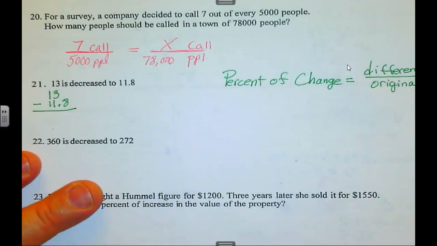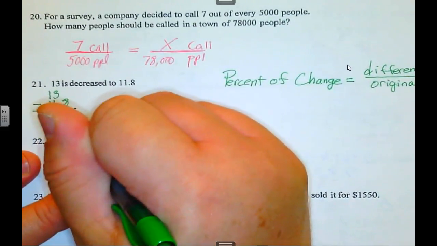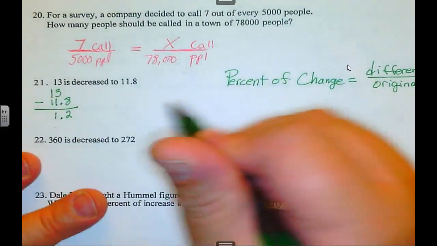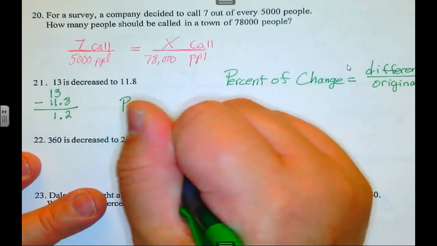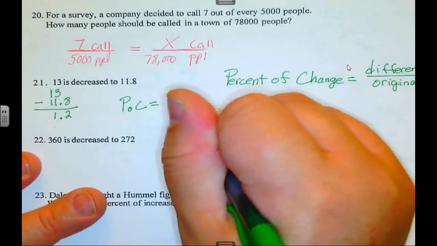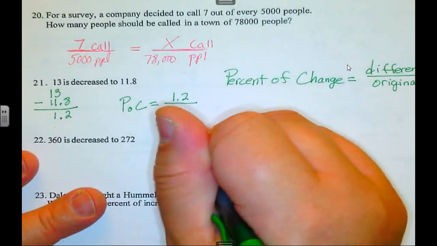How about 1.8? 1.2. Do you remember? 13. Okay, so the percentage change equals the difference, 1.2, divided by the original, 13. Good.